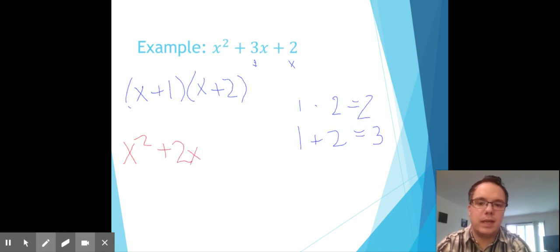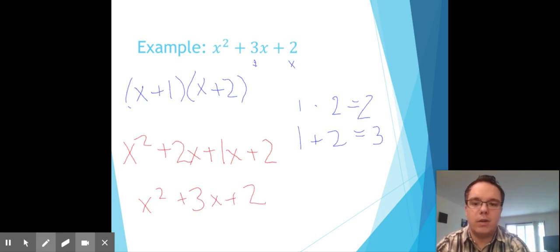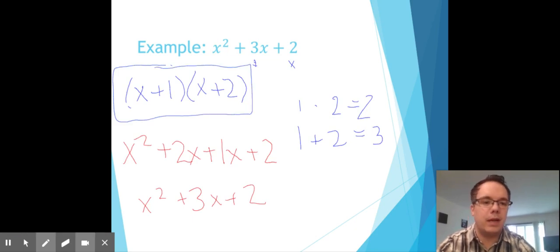Inside, 1 times x is 1x. And last, 1 times 2 is 2. If we combine our like terms, I get x squared plus 3x plus 2, which is the polynomial I started with. So my answer for factoring is x plus 1 times x plus 2, and I know it's correct because I checked it.